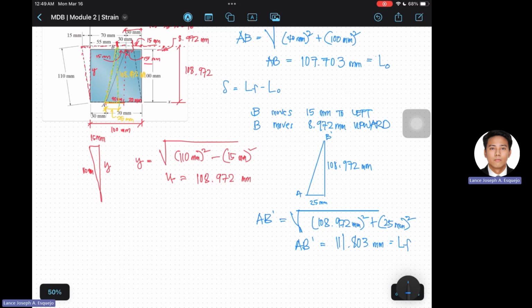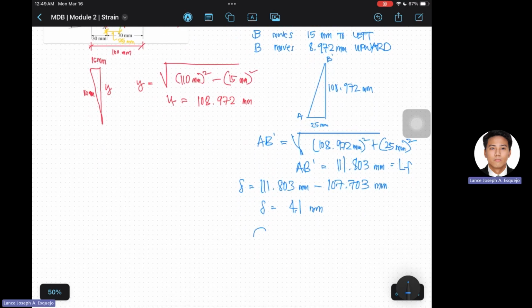So going back sa formula, we have the change, which is equal to the final length, that is 111.803 millimeters. And we have the initial length, that's 107.703 millimeters. Therefore, ang ating change is 4.1 millimeters.